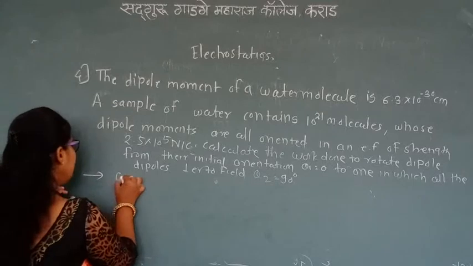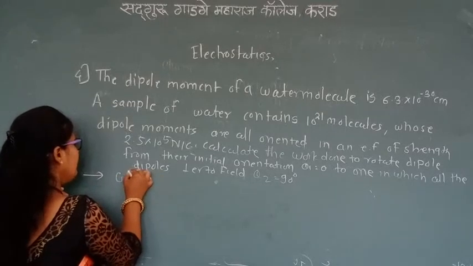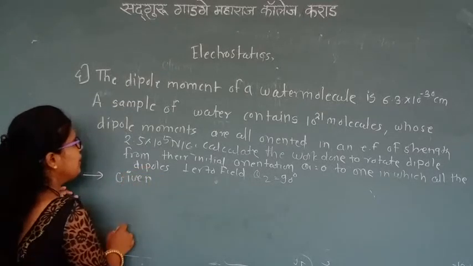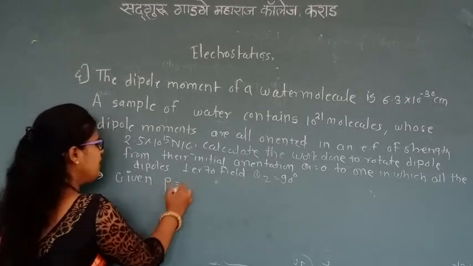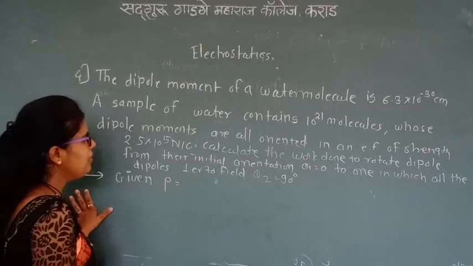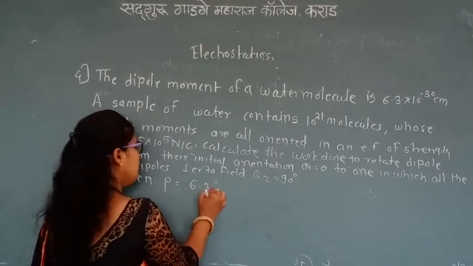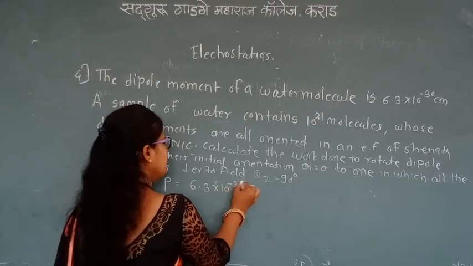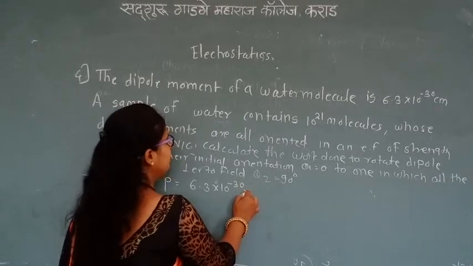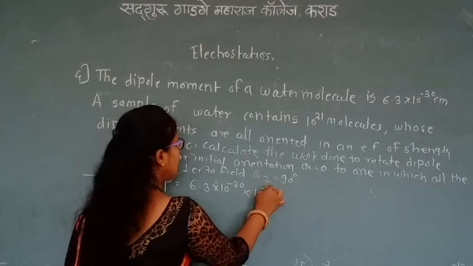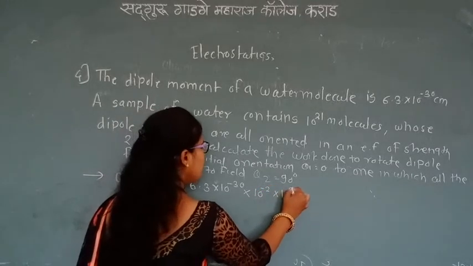Now first of all we have to write which quantities are given here. The dipole moment P is given. P's value is 6.3 into 10 raised to minus 30 centimeter. So convert centimeter into meter: 10 raised to minus 2 into 10 raised to 21 molecules.